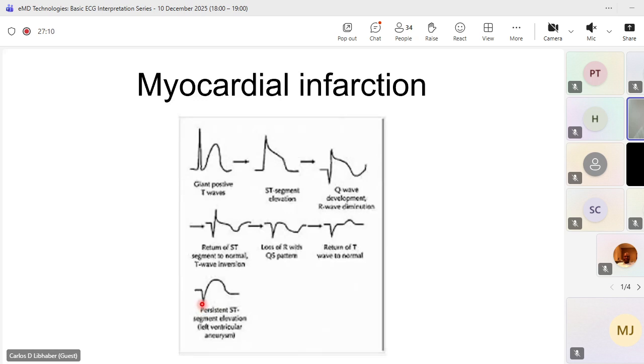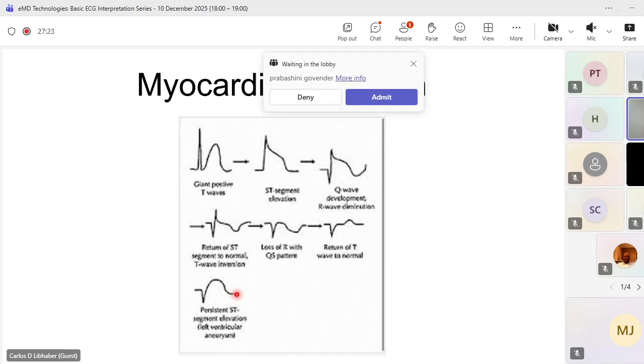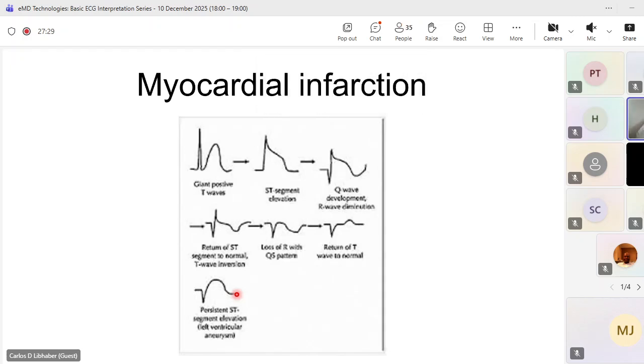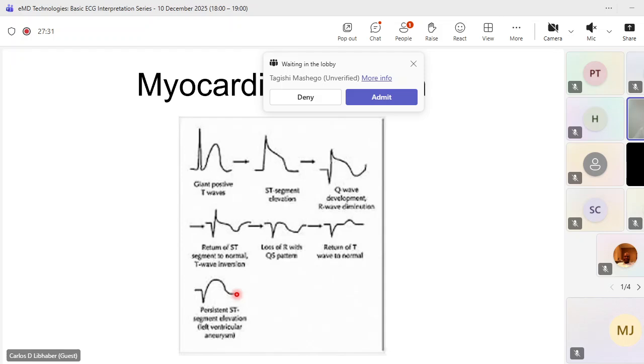Sometimes in some patients you see the Q and a persistent ST elevation. When that happens, we suspect that we are facing a left ventricular aneurysm. So again, what do we see in the myocardial infarction?